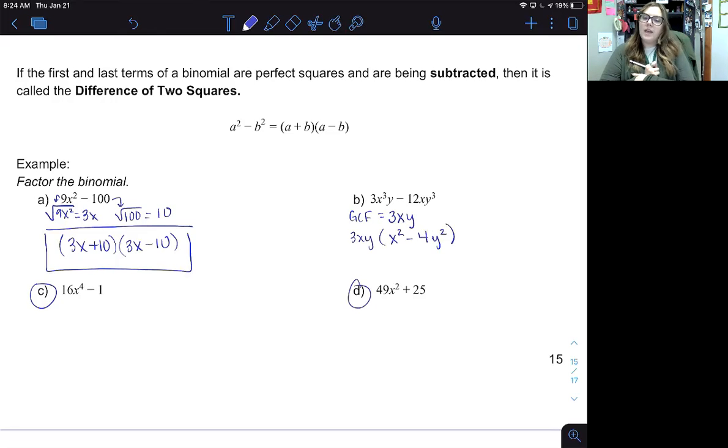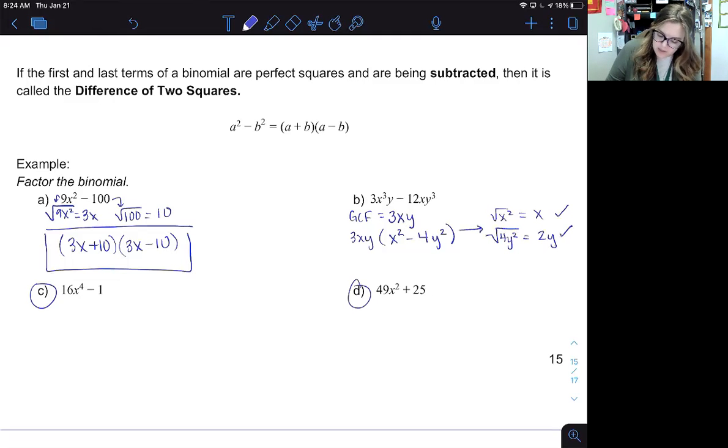Okay. Well, now notice we have x squared and 4y squared. So let's check and see, can we take the square root of both of these? So I'm going to write this off to the right. So the square root of x squared is x. So that works. And then the square root of 4y squared is 2y. So that checks.